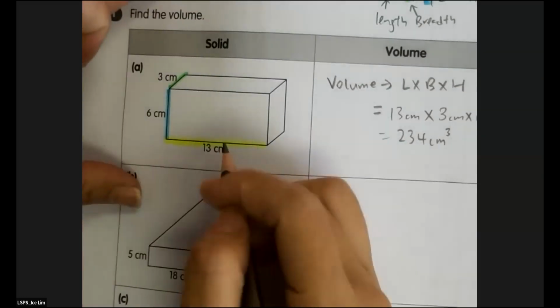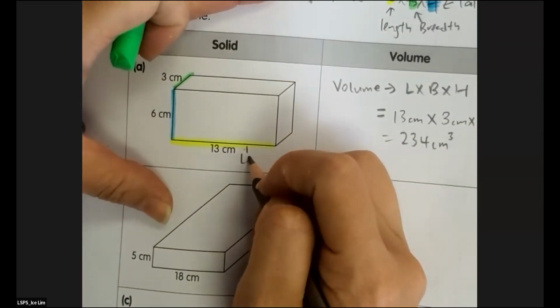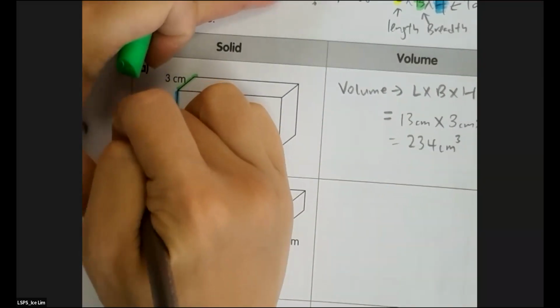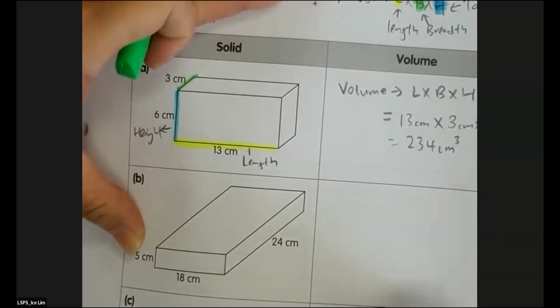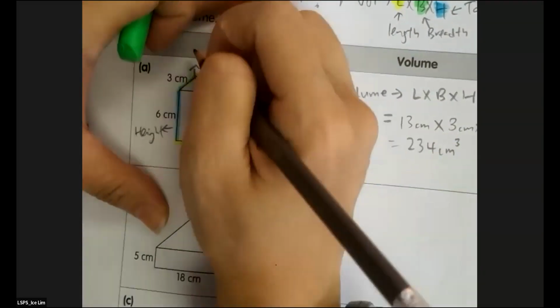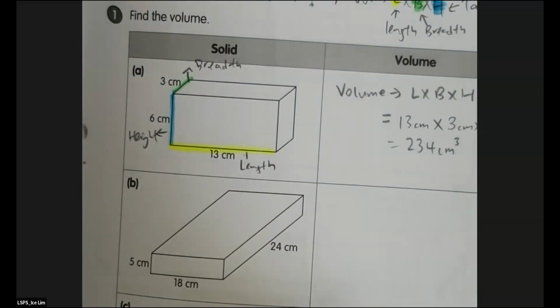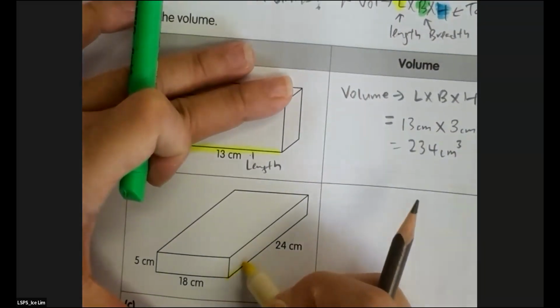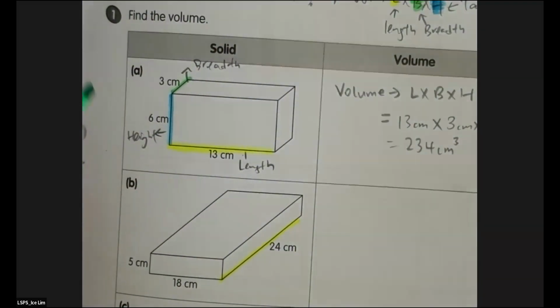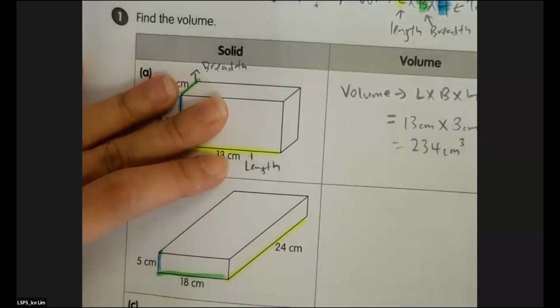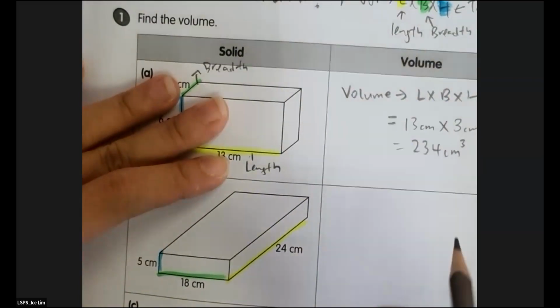You will notice I colored yellow for length. I will label length. Blue for height, how tall. And the green for breadth, how wide. So I continue the color. Length, breadth, height. Length, breadth, height.